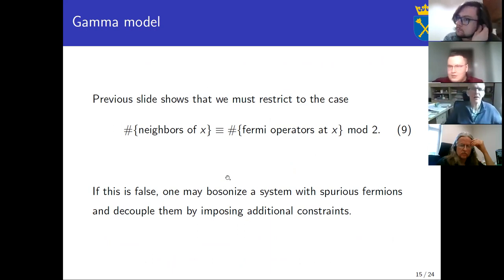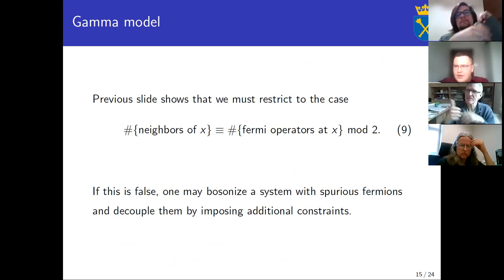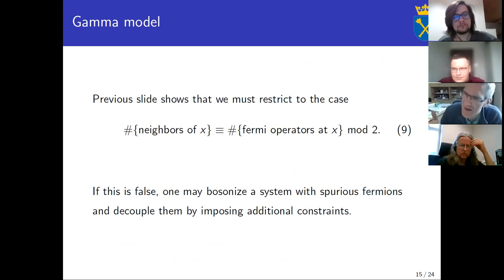Wait. Now, can I ask? So this is really, now you can make contact to real fermions, right? Because if you have a square... Excuse me, make contact to what? To real fermions, real fermion representations. If you have a square like this, you know how many neighbors you have depending on dimension.